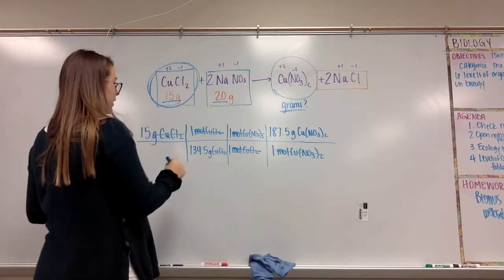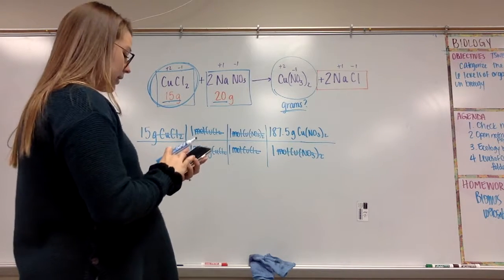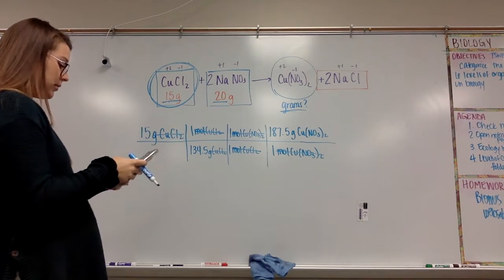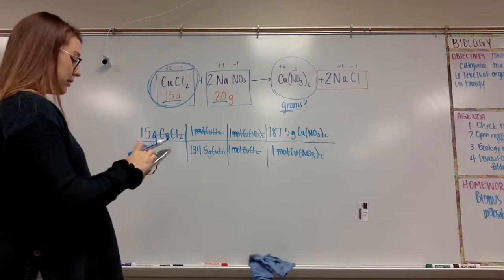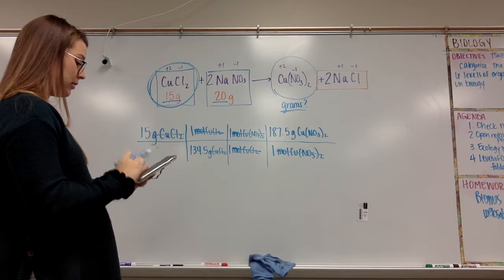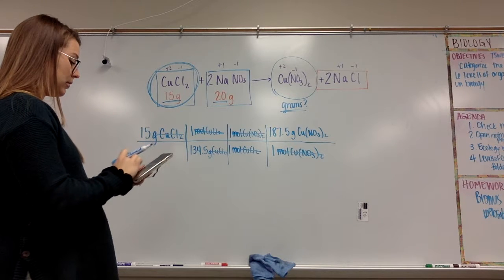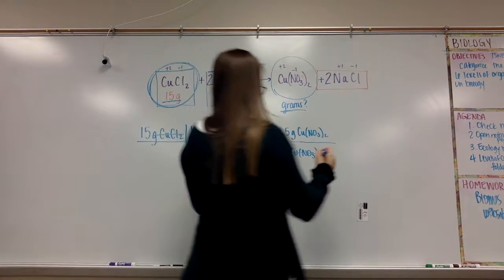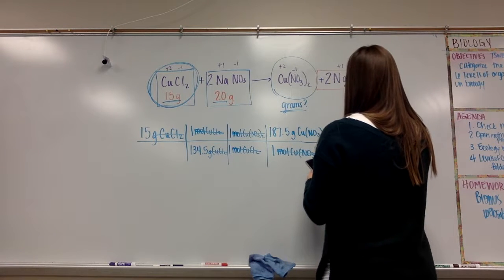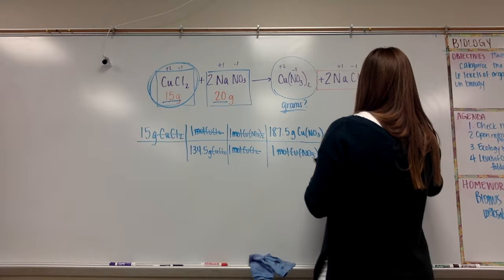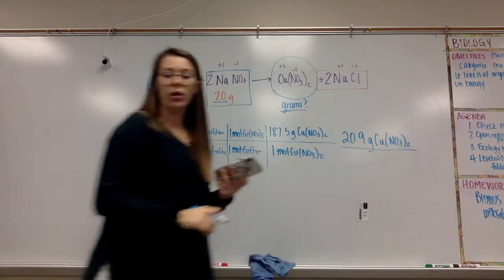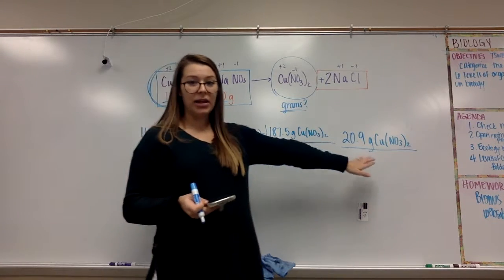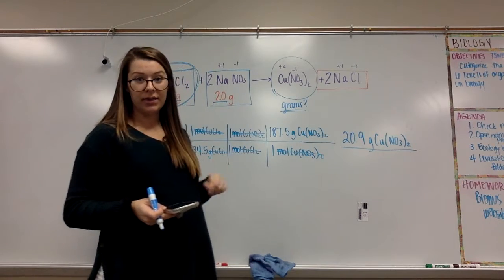So hopefully you can see that this is a grams to grams problem. My final answer is 20.9 grams of copper 2 nitrate for D. That's saying with my limiting reactant, I can make 20.9 grams of this product.